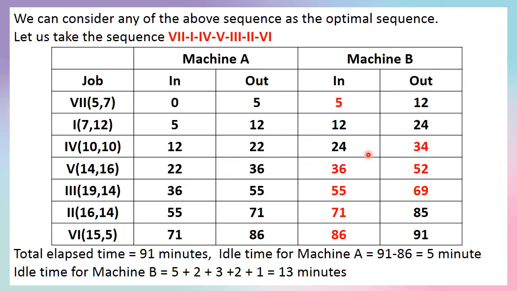Plus in between, after 34 minutes machine B starts the work in the 36th minute, so there it gets 2 minutes extra for rest, and here in this step also 3 minutes extra. These all are added here, and here 69 plus 2 minutes extra, and 1 minute in this step also. So these all idle times are added to get the total idle time for machine B. It is 13 minutes.